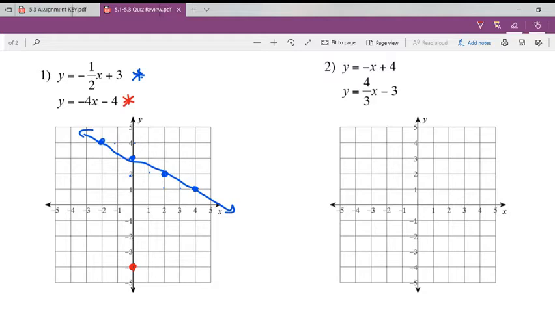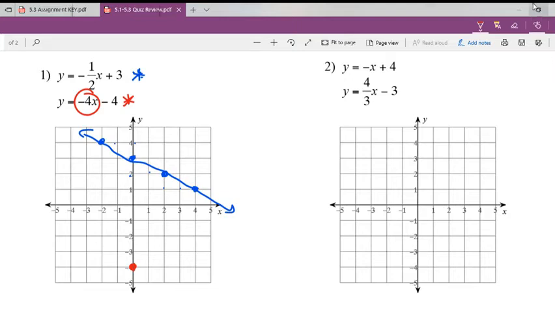Somebody else, what's my slope? Yeah, -4. Good. So if I want to count a slope of -4, should I count up or count down? Down. Down how many? 4. And then right how many? 1. Yeah, exactly. When it's a whole number, you count down that many and then over 1.